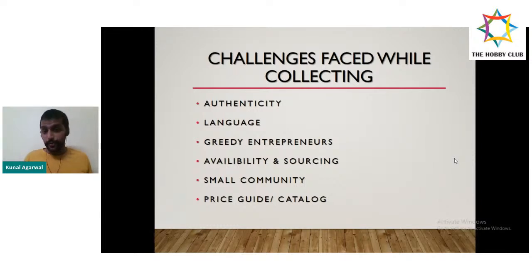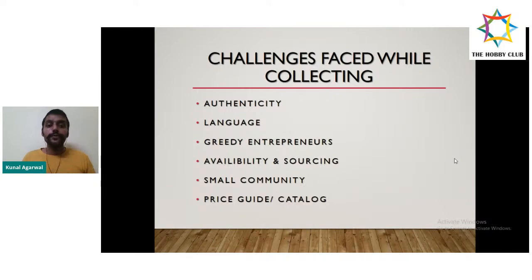Greedy entrepreneurs. No, I'm not talking about the dealers who sell me these. Greedy entrepreneurs are the ones who, back in the 1920s when notgelds were issued, started printing notgelds in the name of fake towns. See, Germany was a big country, Austria was a big country. Nobody knew how many towns there were. There was no internet to just Google.